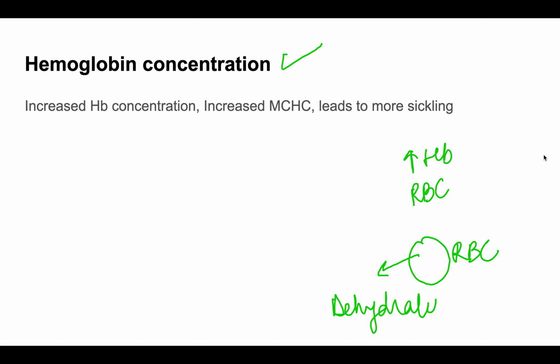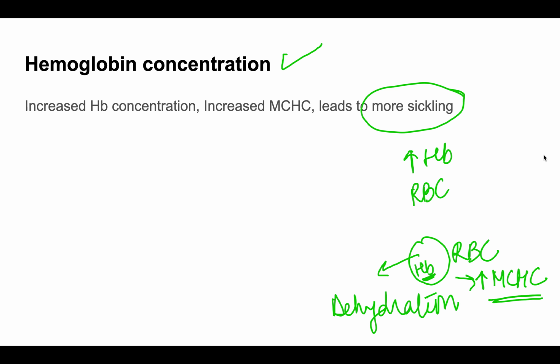What will dehydration lead to? Water will go out, but the Hb inside will be present. So this will lead to an increase in MCHC, that is mean corpuscular hemoglobin concentration. This also leads to more sickling because more HbS is present in the RBCs.